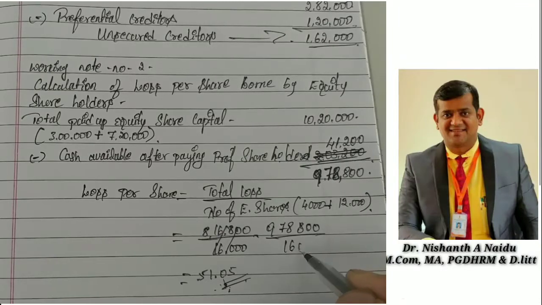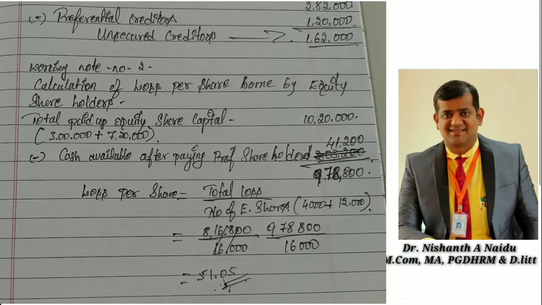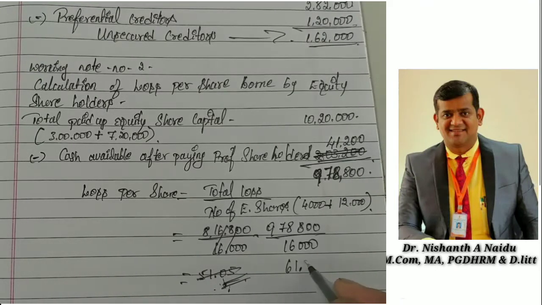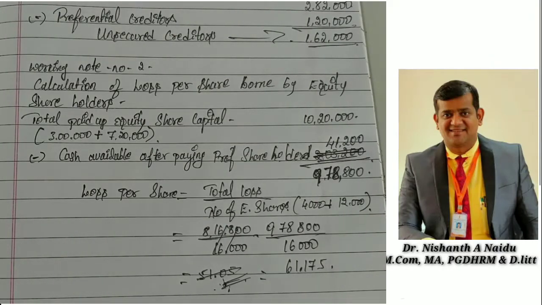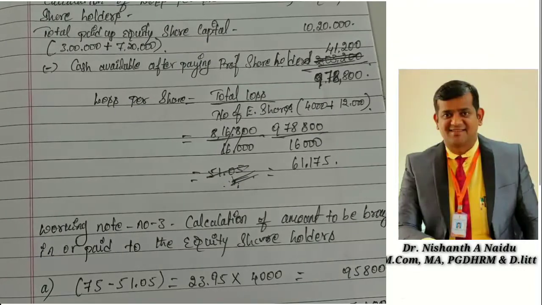Now that has to be distributed here. 9,78,800 divided by 16,000 comes to 61.175. So the same figure I am adjusting here.